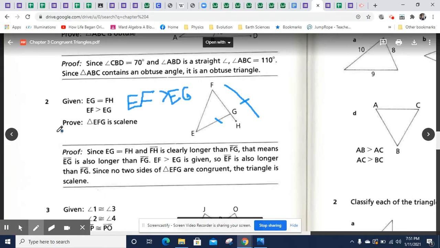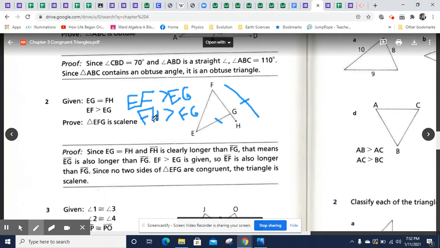And so we're trying to prove that EFG is scalene. We just have to prove all three sides are different. So we can say now FH is greater than FG, which is one of the sides of that triangle.